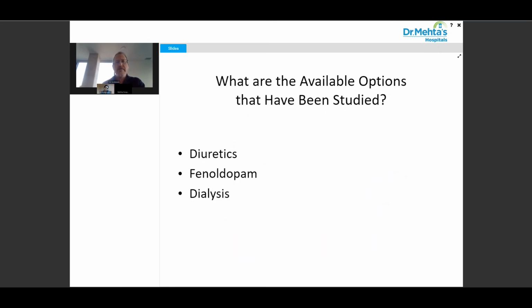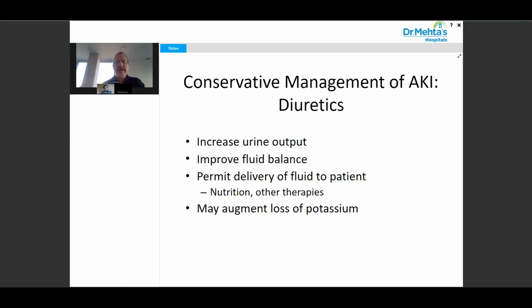What are the available options that have been studied? Diuretics, fenoldopam, and dialysis. Conservative management of AKI involves diuretics to increase urine output, improve fluid balance, permit delivery of fluid to the patient, such as nutrition and other therapies, and it may augment the loss of potassium, which can be helpful.